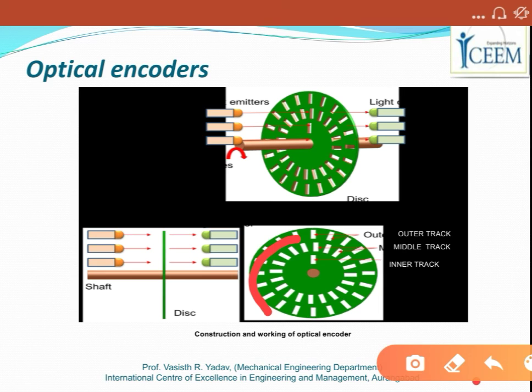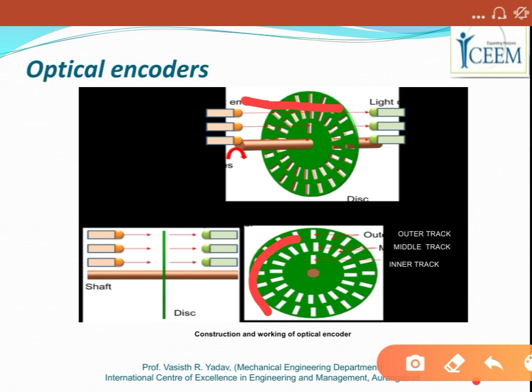3 light sensors are employed to detect the light passing through the holes. These light sensors are placed in such a way that if light passes through these holes, the sensors will detect the light, right? If light passes from the outer track, it will be traced by this sensor.